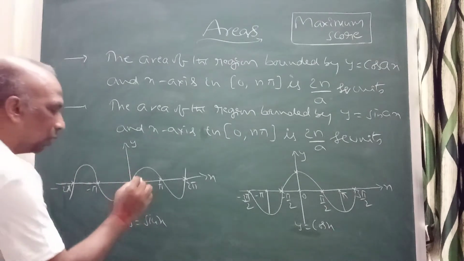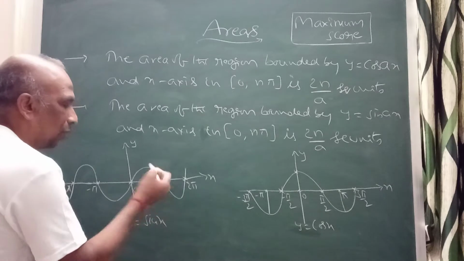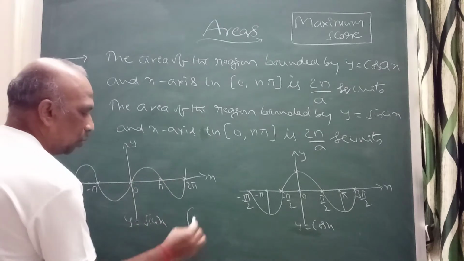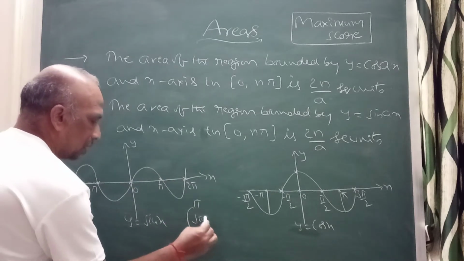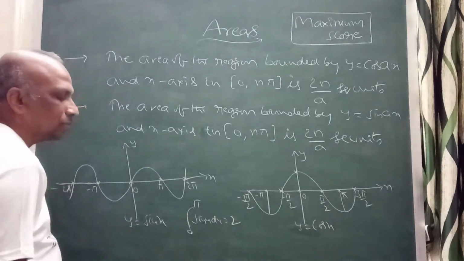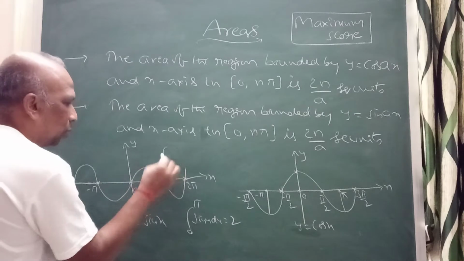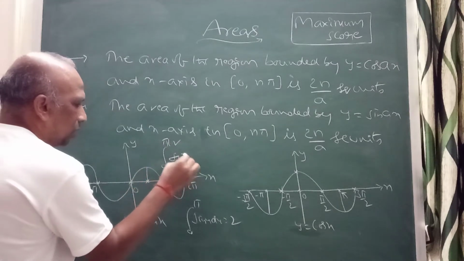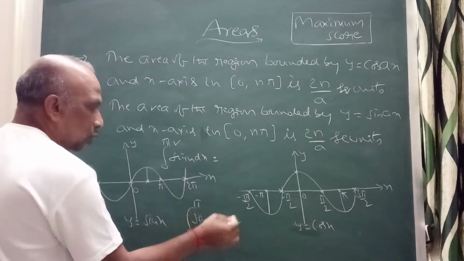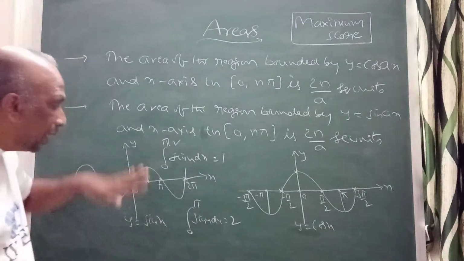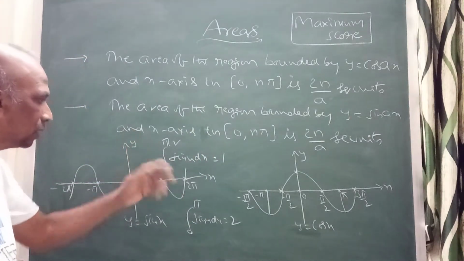Understood here, 0 to pi means your answer is 2 units. So the integral from 0 to pi of sin x dx will be 2 units. Suppose you want up to pi by 2, half of this. The integral from 0 to pi by 2 of sin x dx will be half of this. This entire loop is 2 units, and exactly half means you get 1.